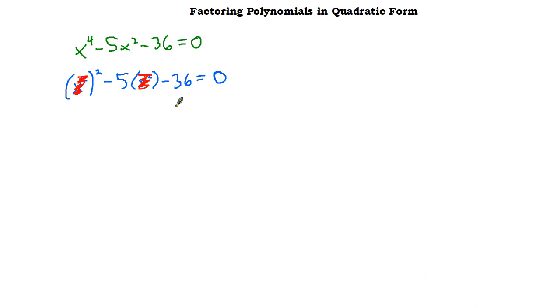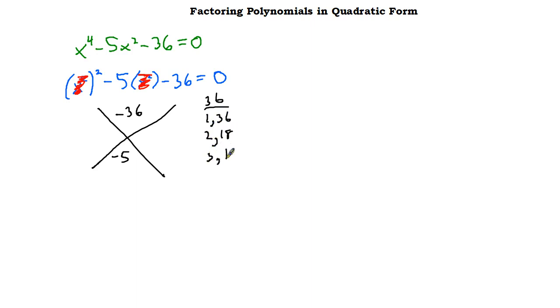We would do the x, and we'd put minus 36 here, and negative 5 down here, and we'd make a list of factor pairs over here.